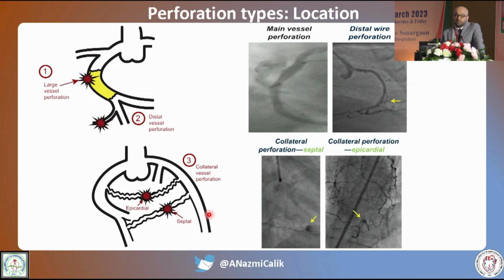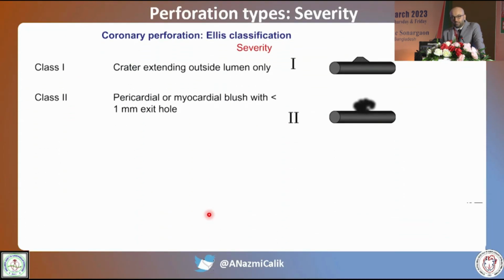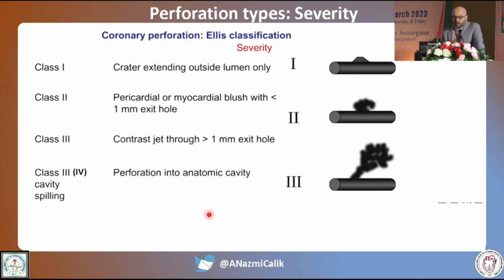Even in CTO interventions, you can see perforation of the epicardial or septal collaterals. And per severity, the Ellis classification is widely used, and our patient had a class 3 severe Ellis perforation.